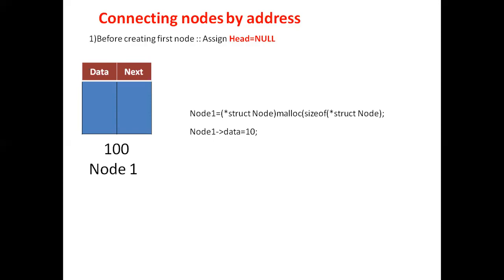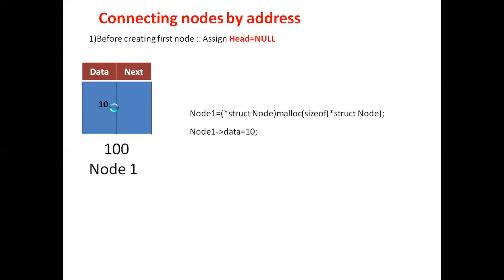Here node 1 is the pointer variable that contains the data part and next part. If you want to access the structure members by using a pointer variable, we can use the arrow operator. So after node arrow data is equal to 10, 10 is stored at the data part.